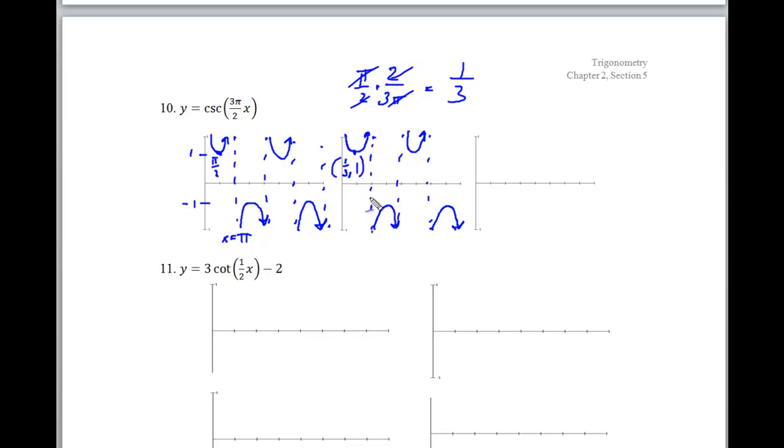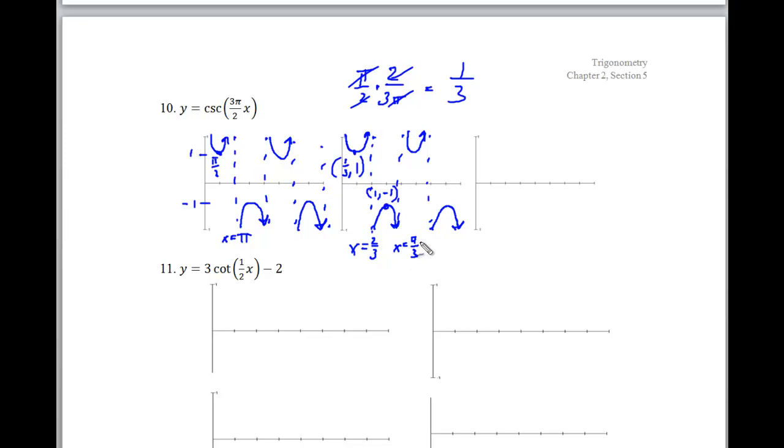So this asymptote line is actually at x equals 2/3. Because this is 1/3, this is 2/3, and at 3/3, or 1, this is going to be at negative 1 on my y-axis, or y height there. And then this would be x equals 4/3.